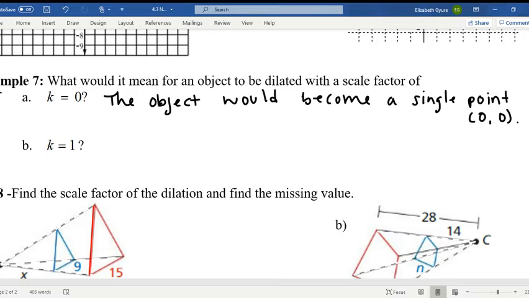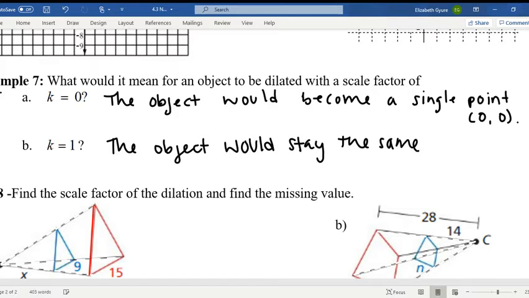Good. What if it was 1? Nothing would change. Wouldn't your shape stay exactly the same? If you multiply something by 1, does anything happen to it? Nope. So the object would stay the same. Good.